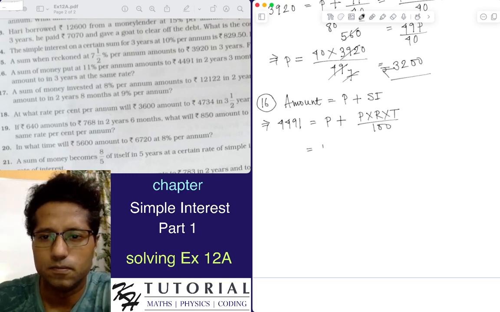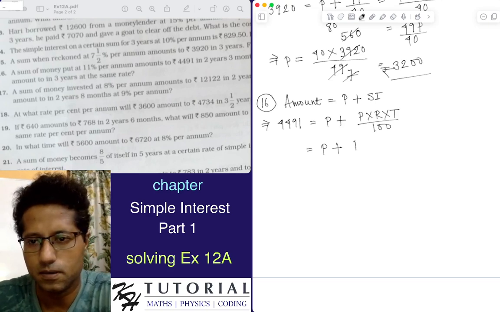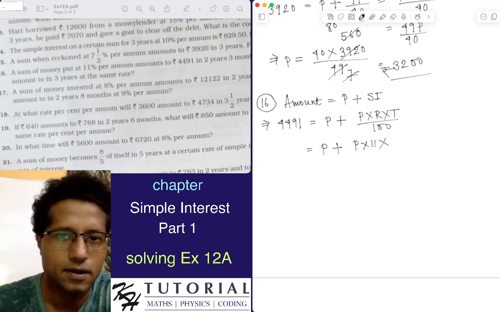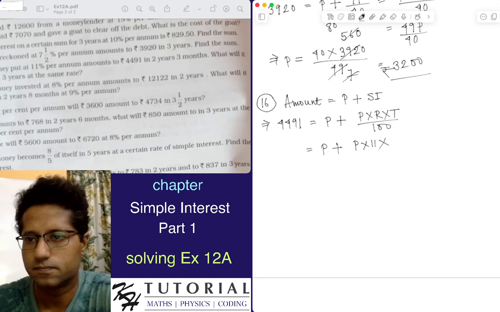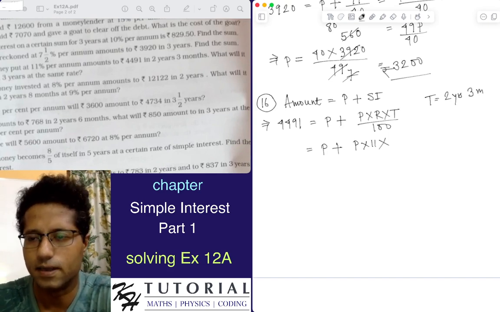This is equal to P plus, what is R? Is R given? Yes, R is given as 11%. So P into 11, and what is T? T is given to be 2 years 3 months. I'm writing M for month.